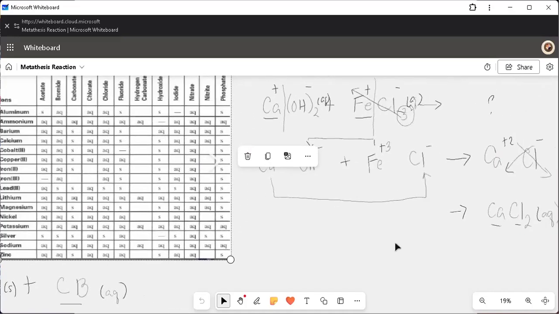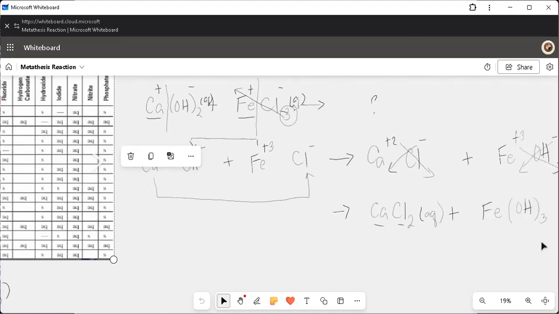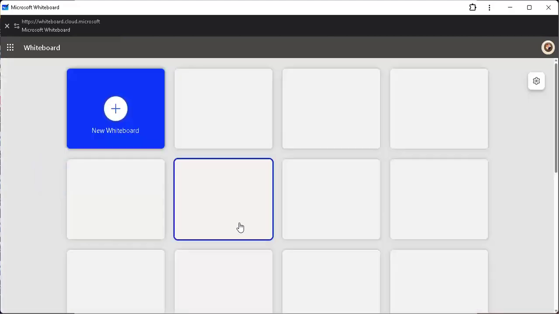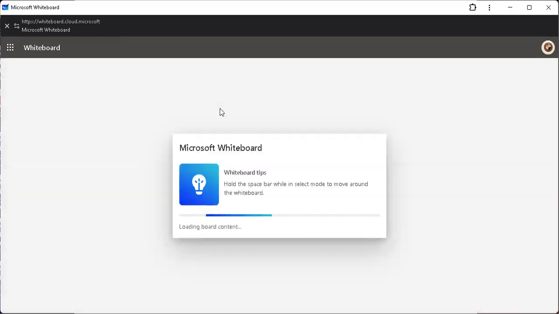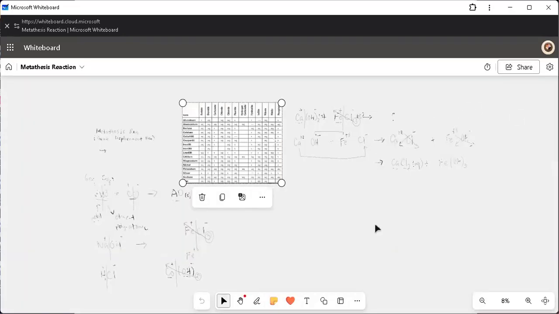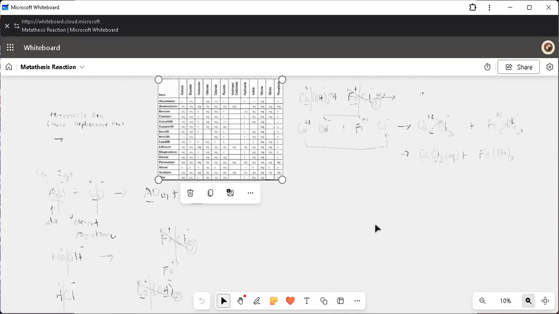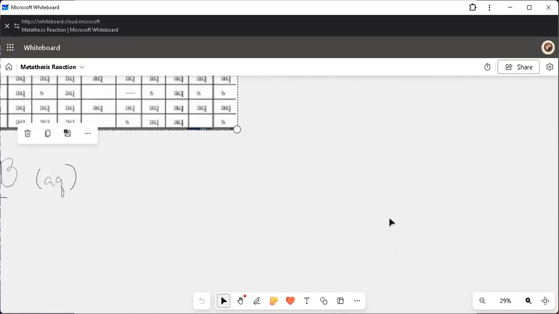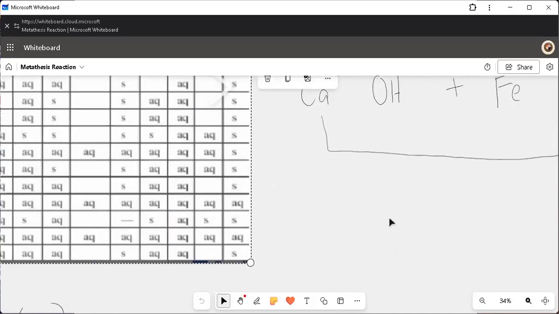What was the charge of the ion used? Positive 3. So check for the ion with positive 3.